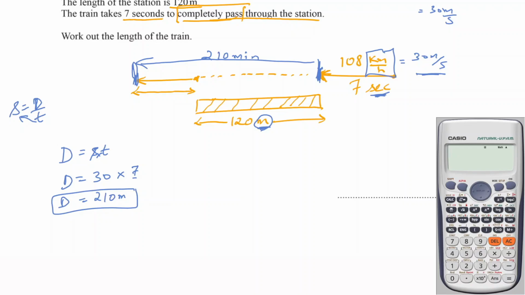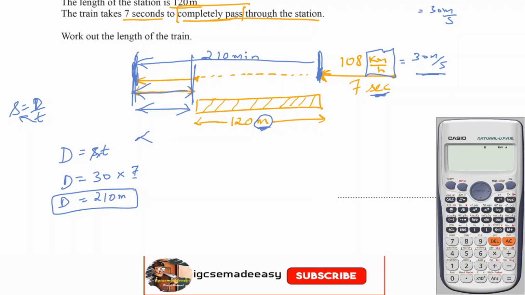But we have to find it till here only, right? Because this is what the train distance is, as I told you in the beginning. From here to here, we don't have to calculate. That is the platform distance. So if we want to find out this distance only, we have to subtract 120 from that, right?